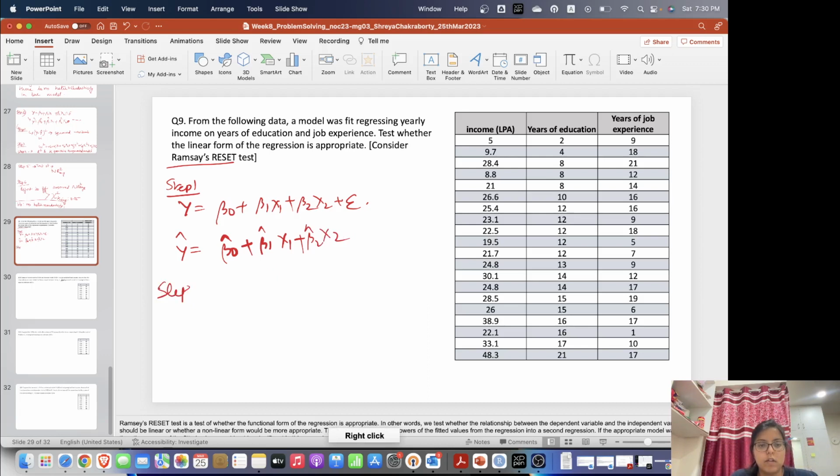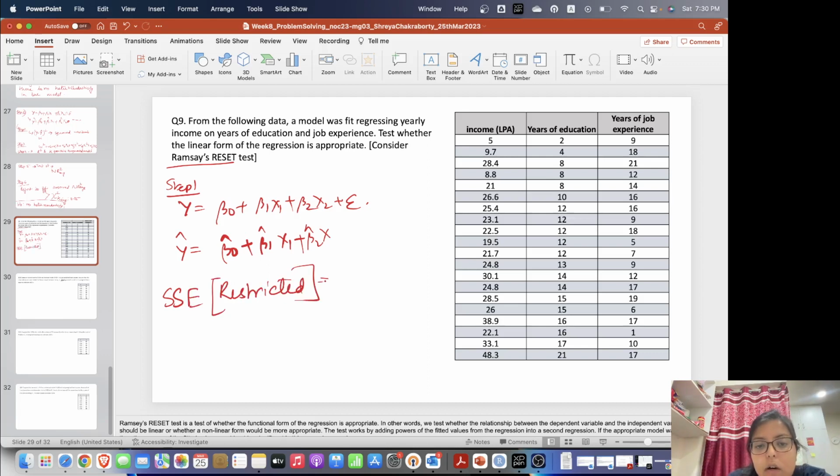Step 2 is, from this model we have some sum of squares residuals or sum of squares errors. So how are we going to calculate it? From this model we have to calculate the sum of squares due to residuals, or I'll write it as errors, and I'll denote this as the restricted model.